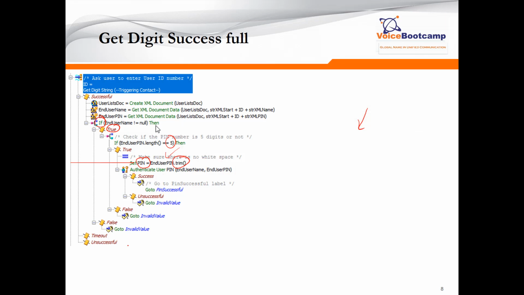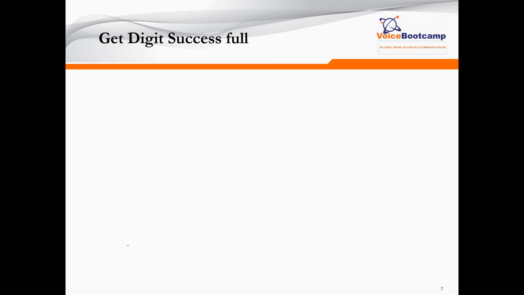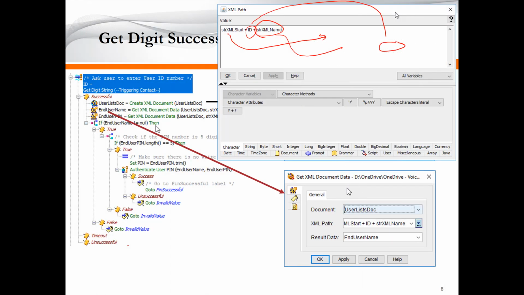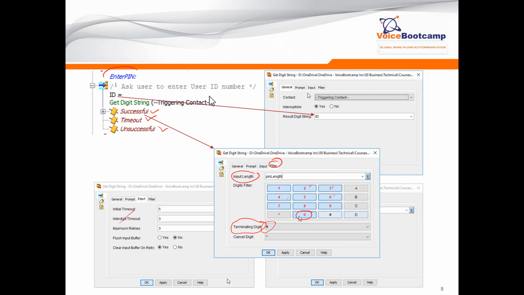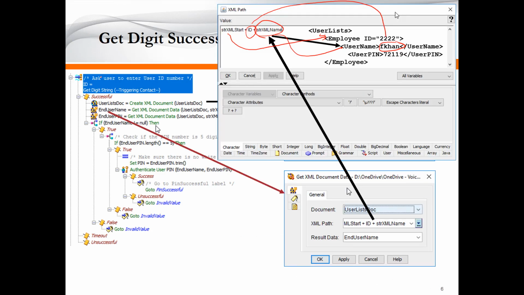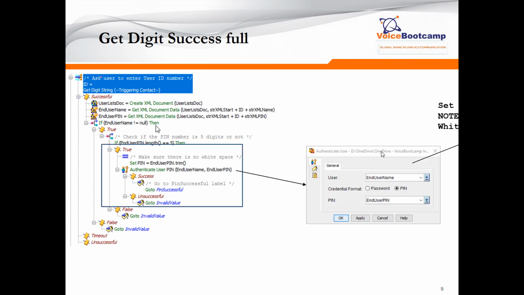Let me take you to that level. Yeah, it will take you to this area and ask the user to enter the ID again. All right, so let me jump back to my previous place.